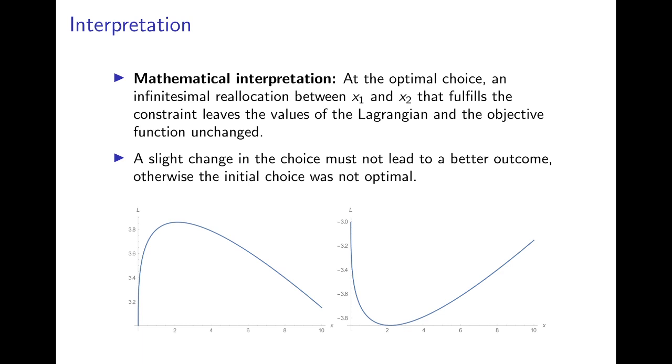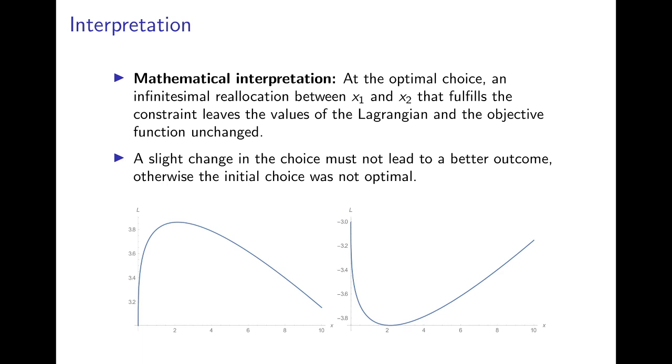Now this means nothing else than if we make an optimal choice, and at this optimal choice we decide to choose a little bit more of x2, say, instead of x1, and the constraint is still fulfilled, that means that we have to reduce consumption of x1 by a little bit, then after this reallocation, we must not be able to get a higher objective function, a higher utility level, if it's a utility maximization problem.